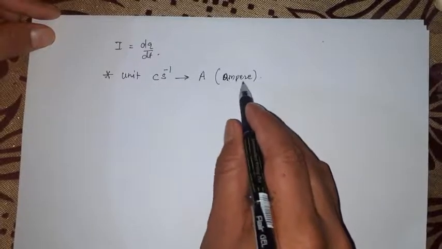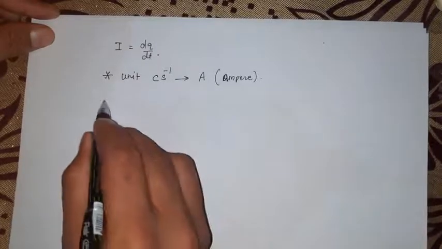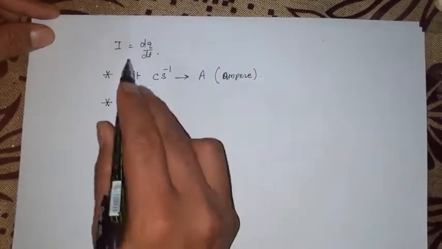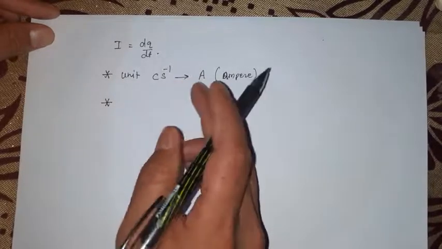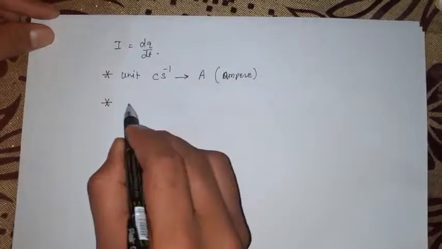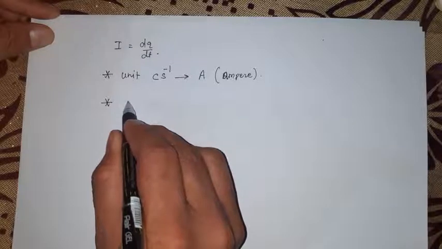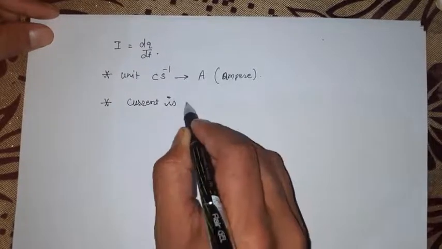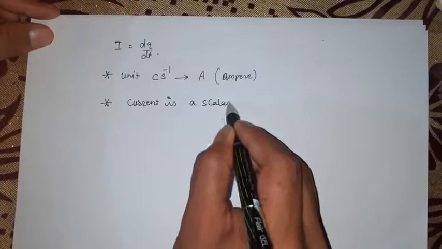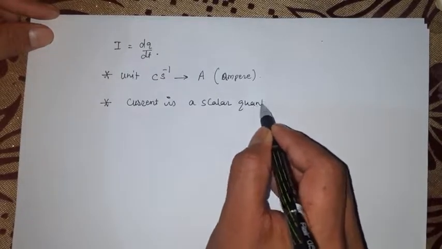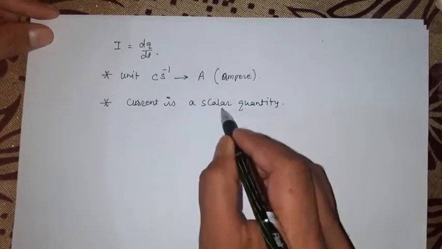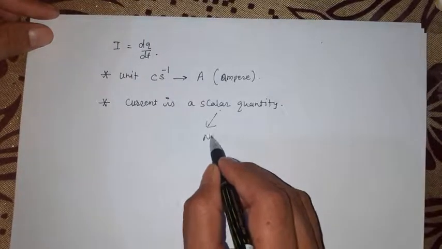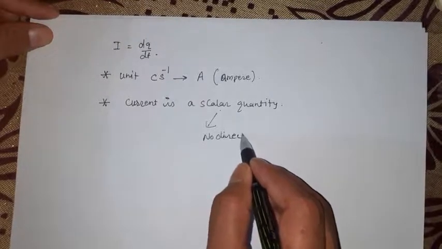Now, while expanding on this, is current a scalar or a vector? We have to remember that current is a scalar quantity. Scalar means no direction, only magnitude.